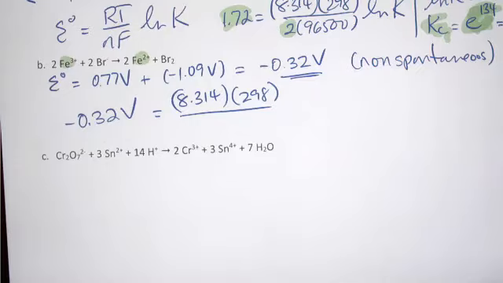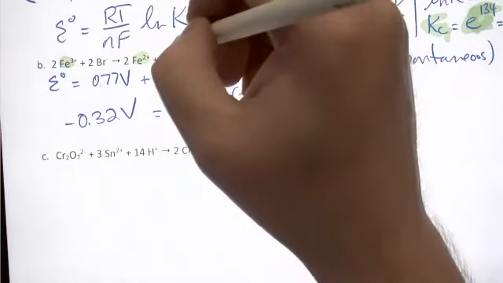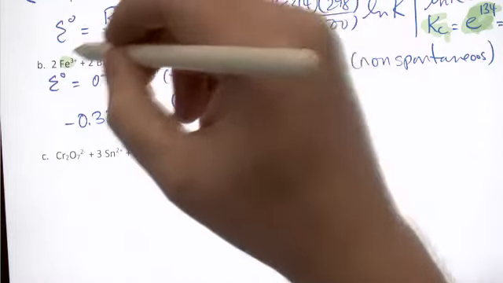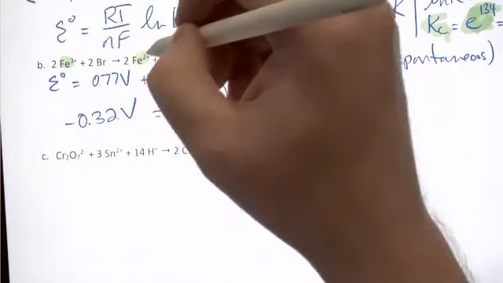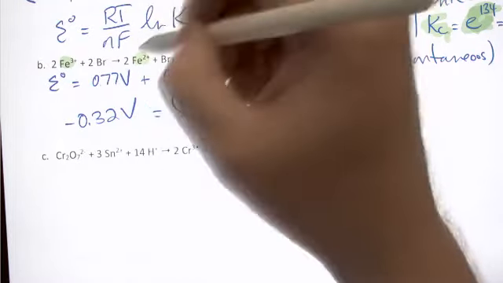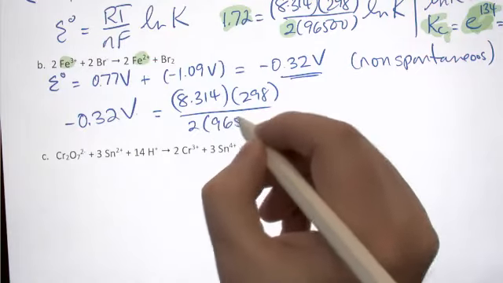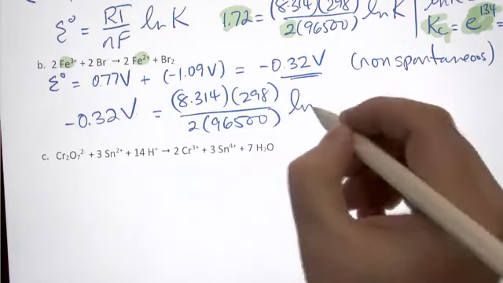I hope you don't get the impression it's always 2. It's not, but in all these examples we're seeing so far, n is a 2. For bromide to bromine, there are 2 electrons. For Fe3+ to Fe2+, there's 1 electron. So you put that together, n is 2, the number of electrons being transferred, times the Faraday, times the natural log of K.